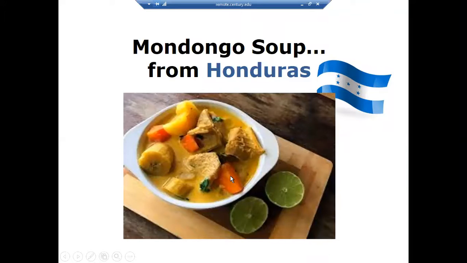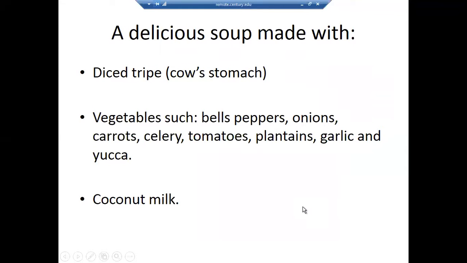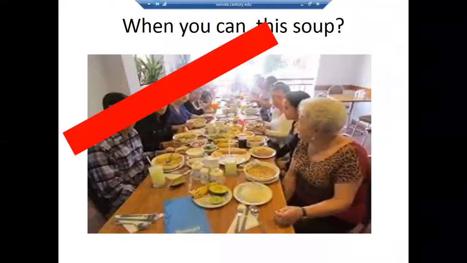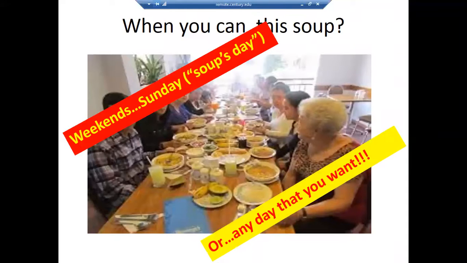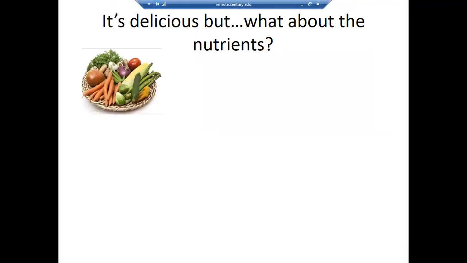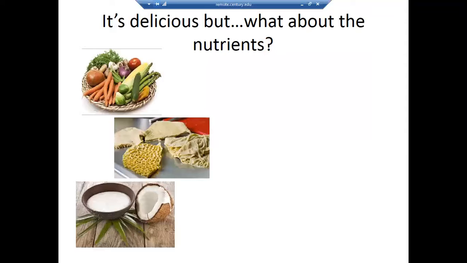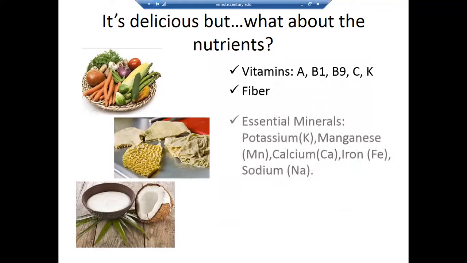You can see there's plantain and potatoes and carrots and meat in it and lime juice. She gave all the ingredients. Coconut milk is healthier than cow's milk. Here's her family enjoying the, it's a special Sunday dish, she said, that they use the most for family day. And so she went through all the ingredients and the nutrition.